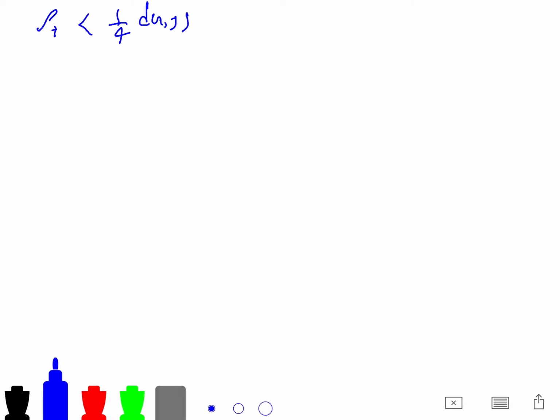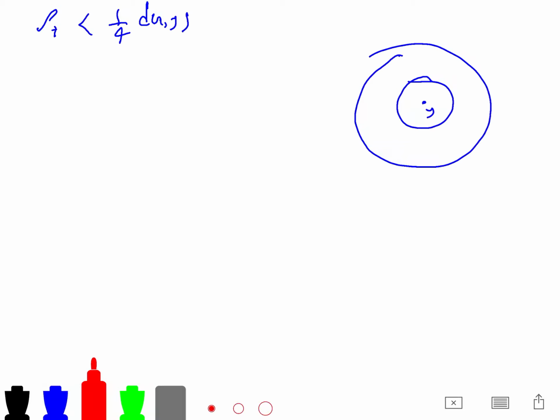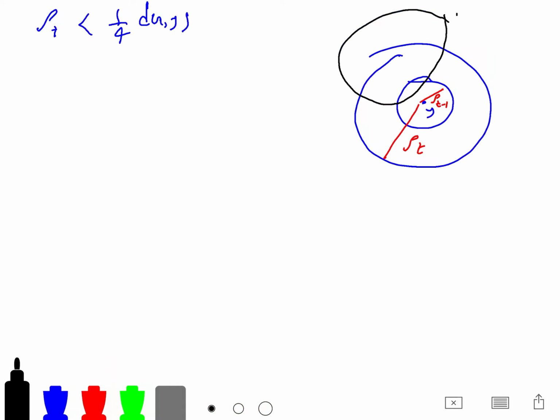So the geometric idea is that you have a point y, and this is rho_{t-1}, and the next step is rho_t, and the intersection of this with this set A is just this area.